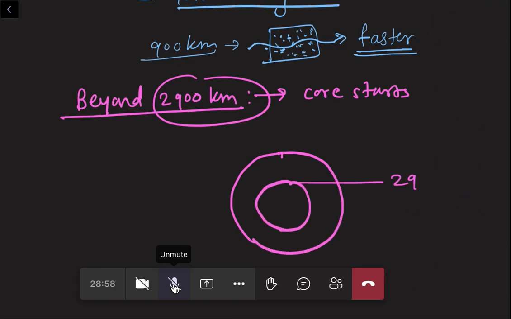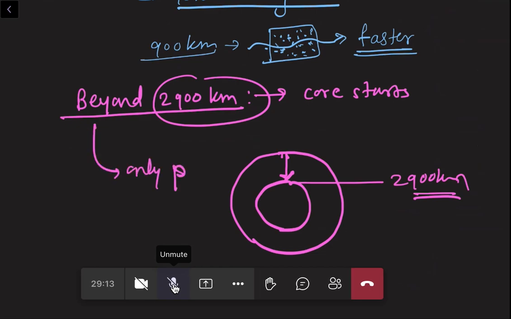Beyond this, what happens? You know better, S waves are disappeared now. So the only remaining waves are which? Only P waves, primary waves, will pass through this.